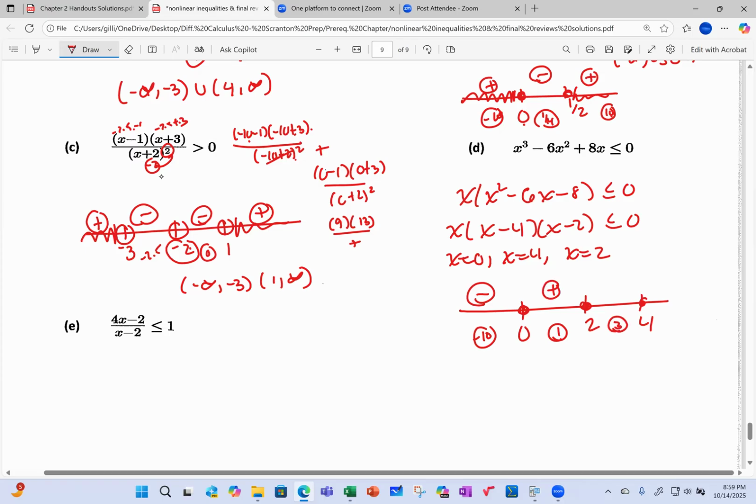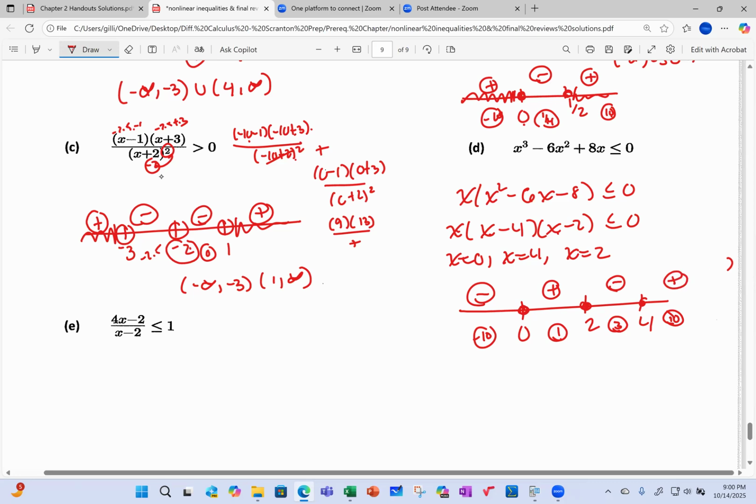If I pick 3, put that in for x, I'll get 3 times 3 minus 4 times 3 minus 2, and that result is a negative. And if I pick, say, 10, put that in for x, and then that's clearly a positive.